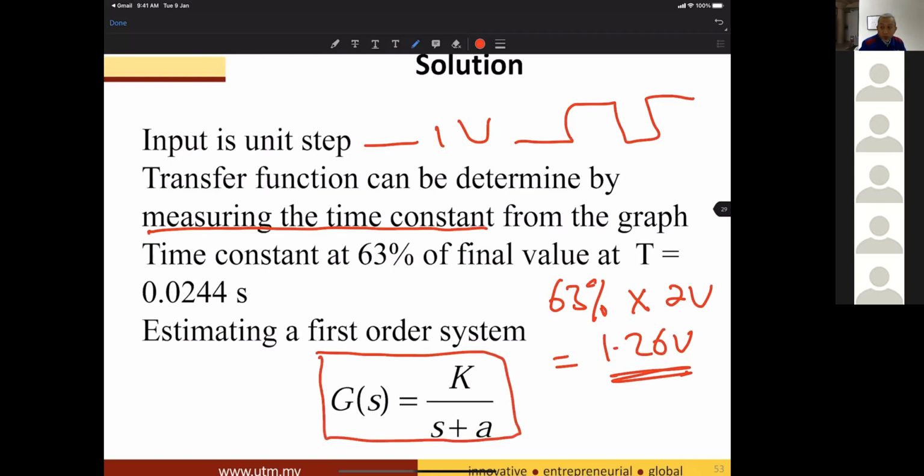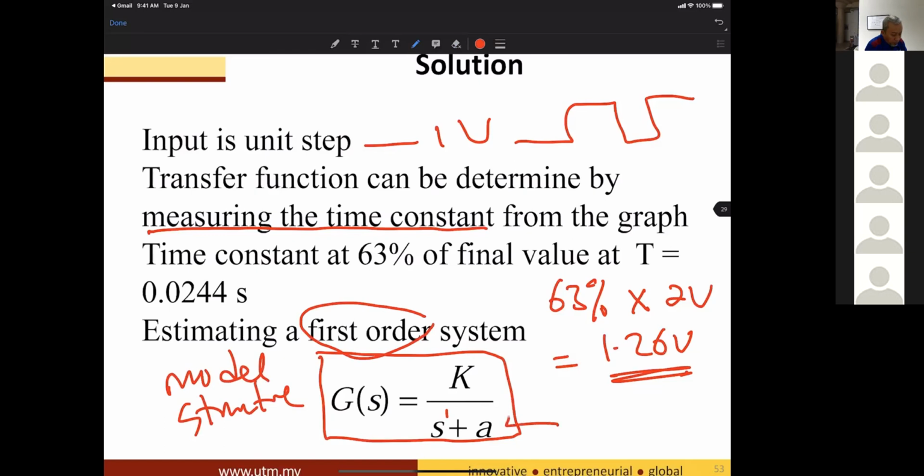First of all, you must understand the model structure. The model structure of the unknown data is first order. Okay, this is what we call the model structure. First order, because it's power of 1.